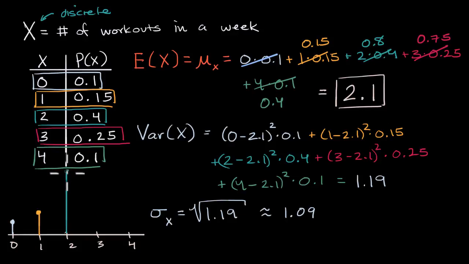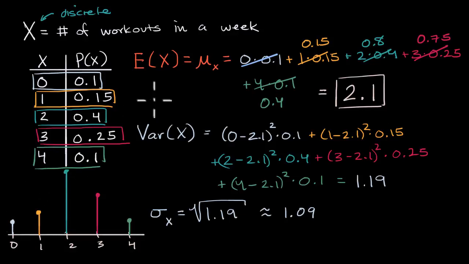So you get a 40% chance of getting a 2. You have a 25% chance of getting a 3. So it'll look like this. And then you have a 10% chance of getting a 4. So it'll look like that. So this is a visualization of this discrete probability distribution where I didn't draw the vertical axis here, but this would be 0.1, this would be 0.15, this is 0.25, and that is 0.4.